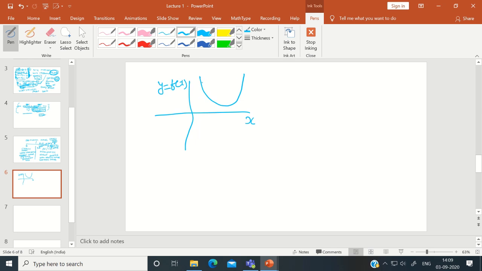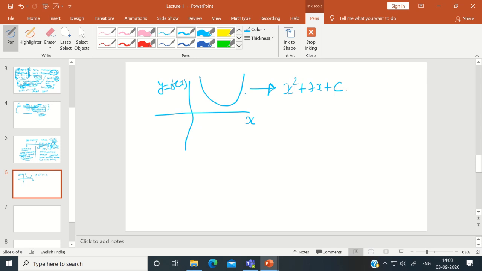This is a quadratic function, right? This quadratic function will have the term like x square plus 7x plus some constant c. I have not exactly written the equation, and this graph is not drawn as per the scale, but this is the quadratic graph.